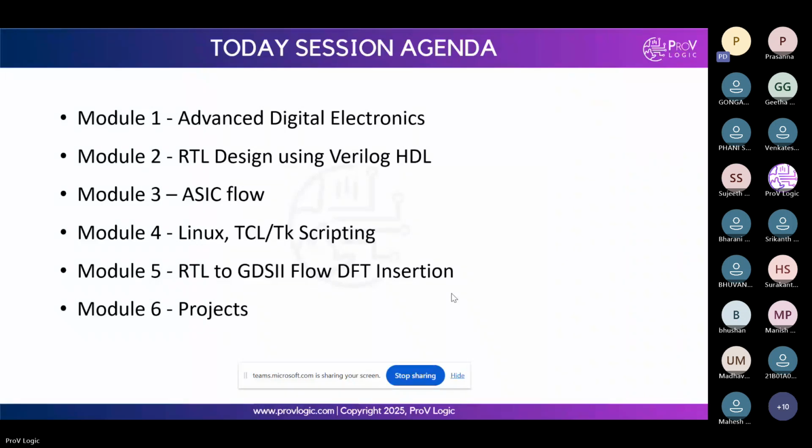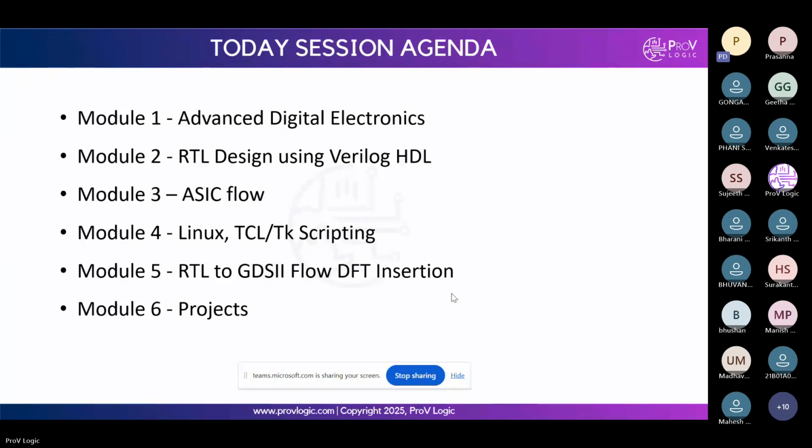Once we get the inputs from the previous set of engineers who worked on the IC, we will work on the files and generate the entire layout of the IC. Layout of the IC, you can consider it like a blueprint.